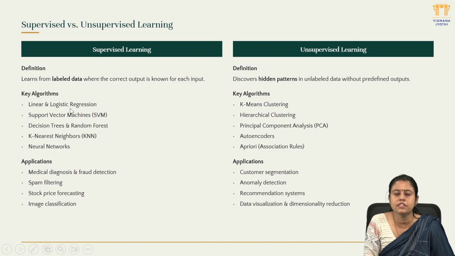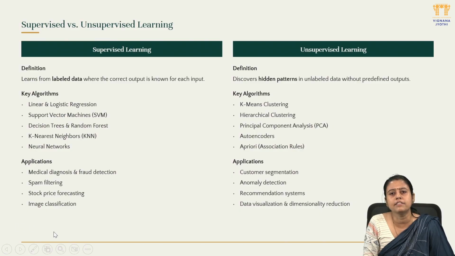Linear regression, logistic regression, polynomial regression, different types of regression techniques, support vector machines, decision trees and random forest, which is most used, KNN or K nearest neighbor methods, neural networks. These are the main algorithms used in supervised learning. And nowadays neural networks are coming at a very high level. What are the applications? Medical diagnosis, fraud detection, spam filtering, stock price prediction, image classification. There are a lot of applications of supervised learning.